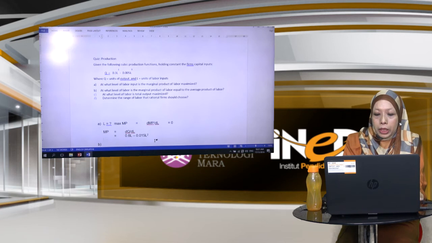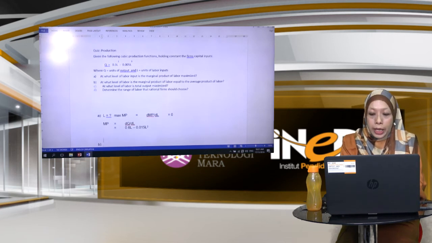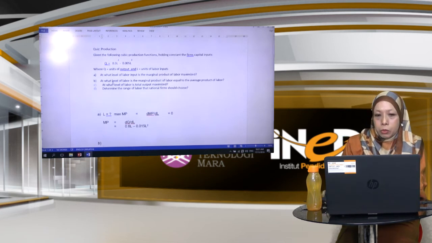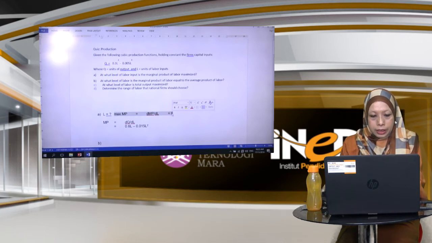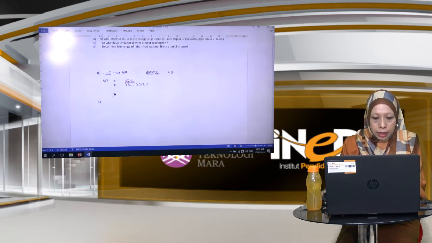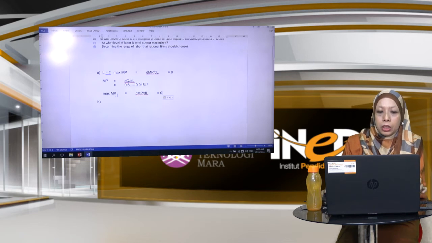So what do we need to do next? You need to go back to the question. The question says: at what level of labor input will marginal product be maximized, which we have translated into this term. To maximize marginal product, you have to differentiate marginal product and set it equal to 0. So where is your marginal product?